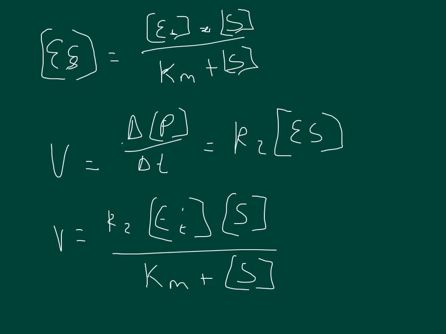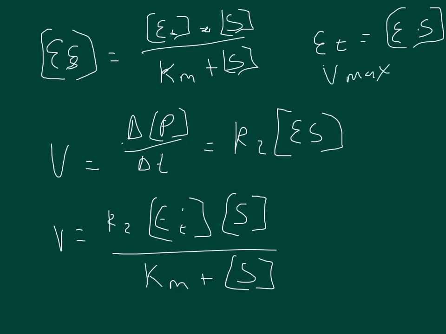If we add so much substrate initially that we completely saturate our enzyme, at that point we would say that the total enzyme is equal to the enzyme substrate complex. So ES would equal ET, but it would only equal ET whenever it's saturated, which would make the maximum velocity.